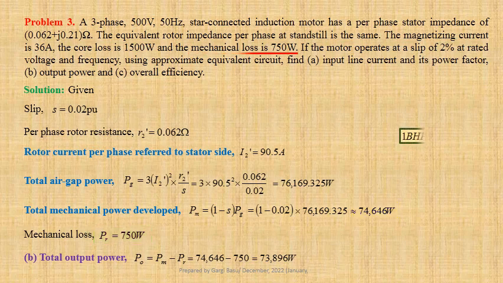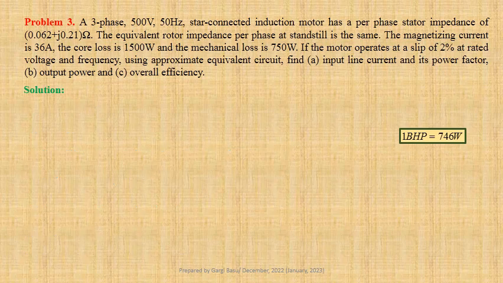Since 1 bhp equals 746 watts, PO equals 73,896 divided by 746, which is approximately equal to 99 bhp.